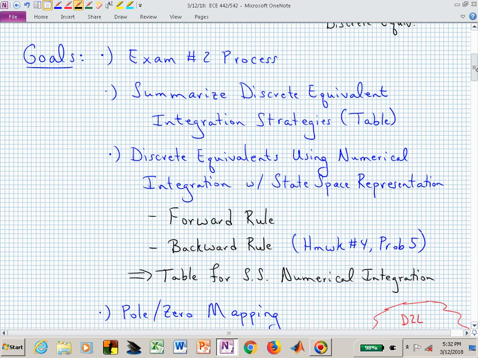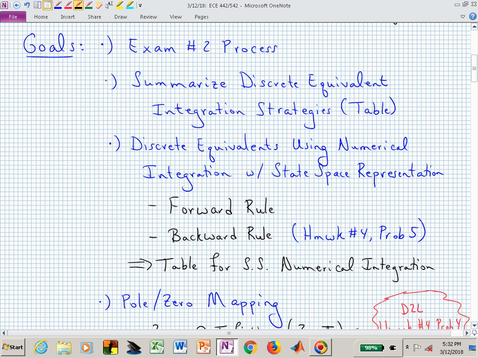I want to cover a fair amount in today's class. We'll quickly go over the process for exam number 2. Then we will summarize the discrete equivalent integration or numerical integration strategy in the form of a table, and that's the substitution of replacing S with some expression in Z if you're dealing with transfer functions.